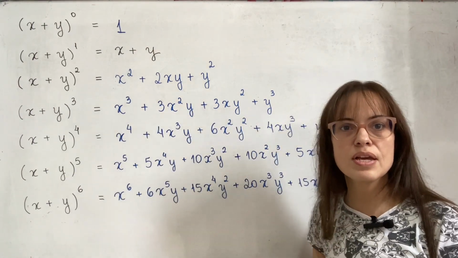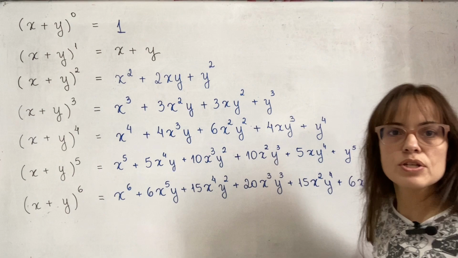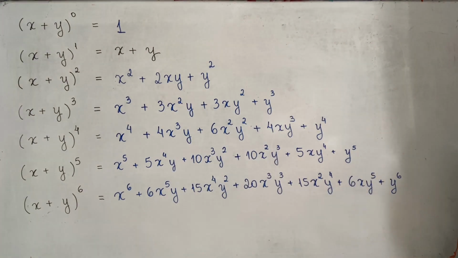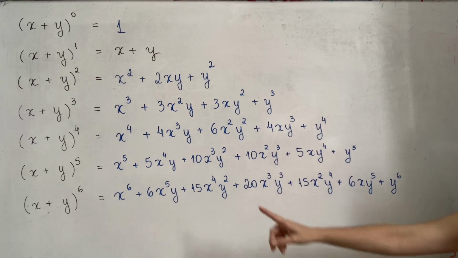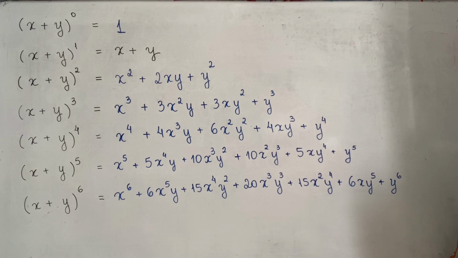Okay, so here are the answers. I'm going to get out of the way so that you can see everything. It may be the case that we have the same terms just in a different order, so keep an eye out for that. The order in which I chose to write my terms is that I begin with the biggest exponent of x, and then I go down by the exponent of x.